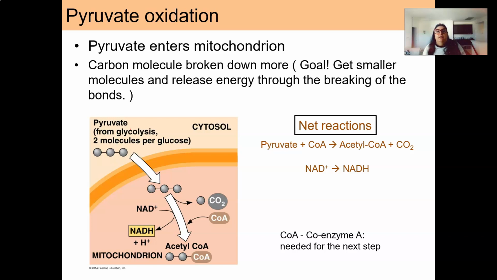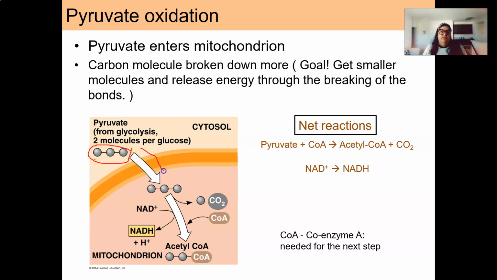And then the carbon molecule is broken down more, right? That's our goal. We have a 3 carbon molecule, and we want to break it down smaller, release energy through the breaking of bonds. So we have our 3 carbon molecule, seen by our 3 dots here.